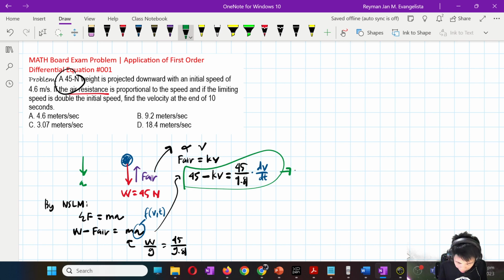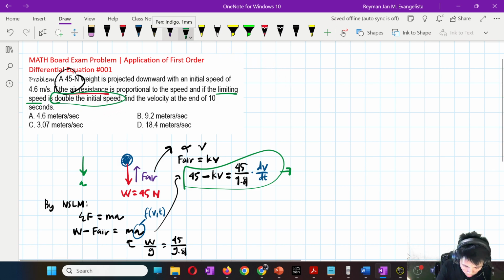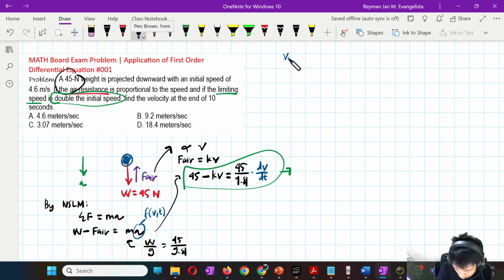It is easy to solve for the value of k first. Why? Since it is stated that the limiting speed is double the initial speed. As stated, our initial speed v0 is 4.6 meters per second downward.